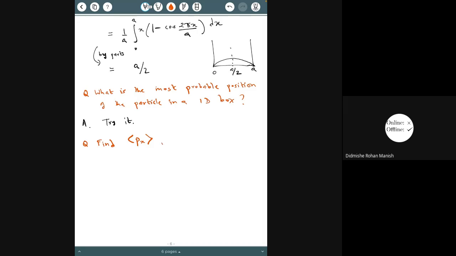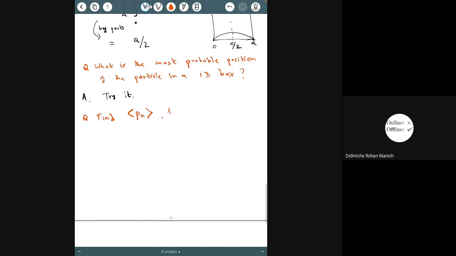Now, for 1D. Now I'll do another thing. So I'll say find the expectation value of x and expectation value of y for a particle in a 2D box. I just want to illustrate one thing over here.